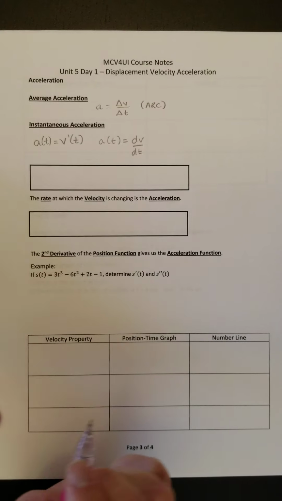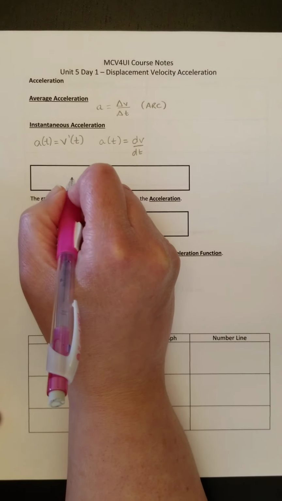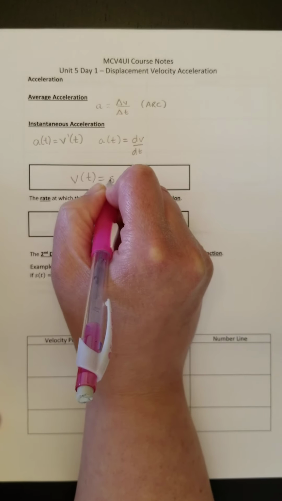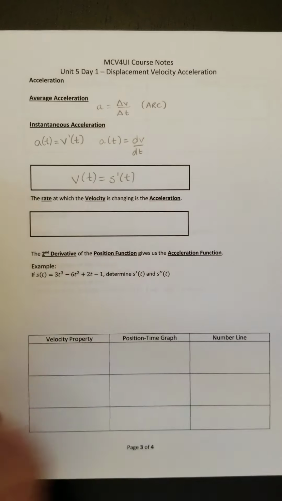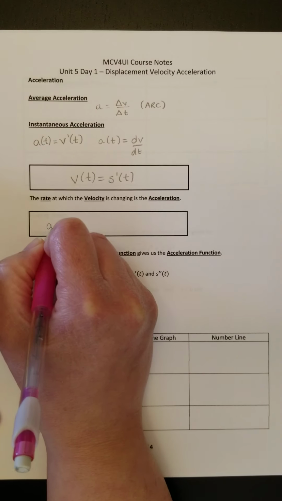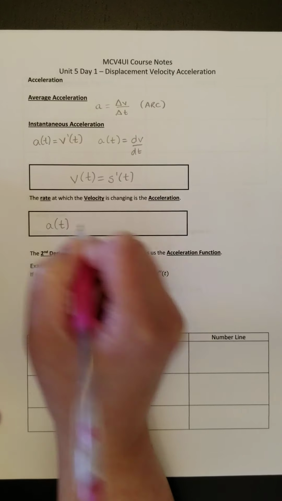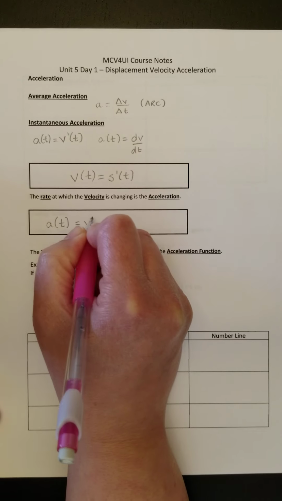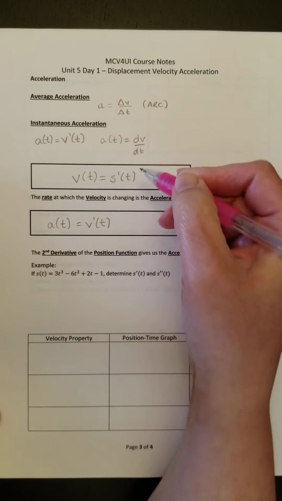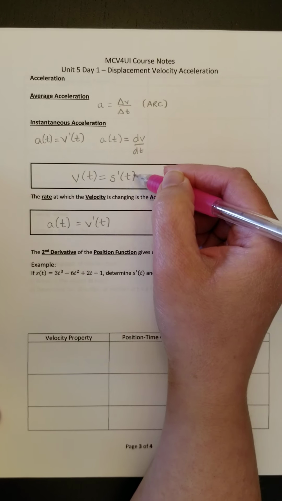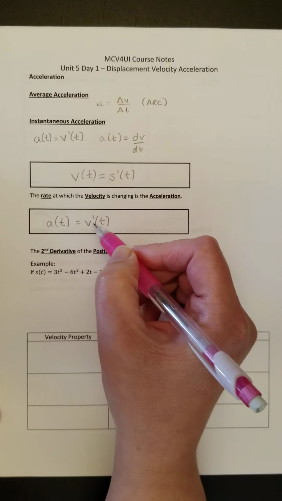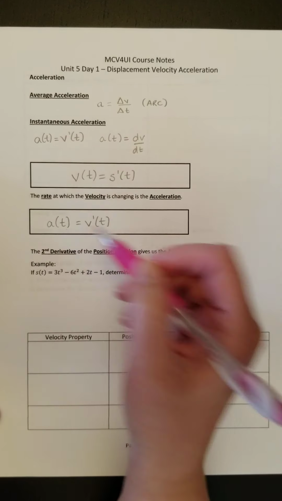Okay, so the two really important things in this day are that the velocity function is the derivative of the displacement function, and that the acceleration function is the derivative of the velocity function. That can also be written, obviously, that we're taking the derivative of displacement to get velocity, then we're taking the derivative of velocity to get the acceleration.